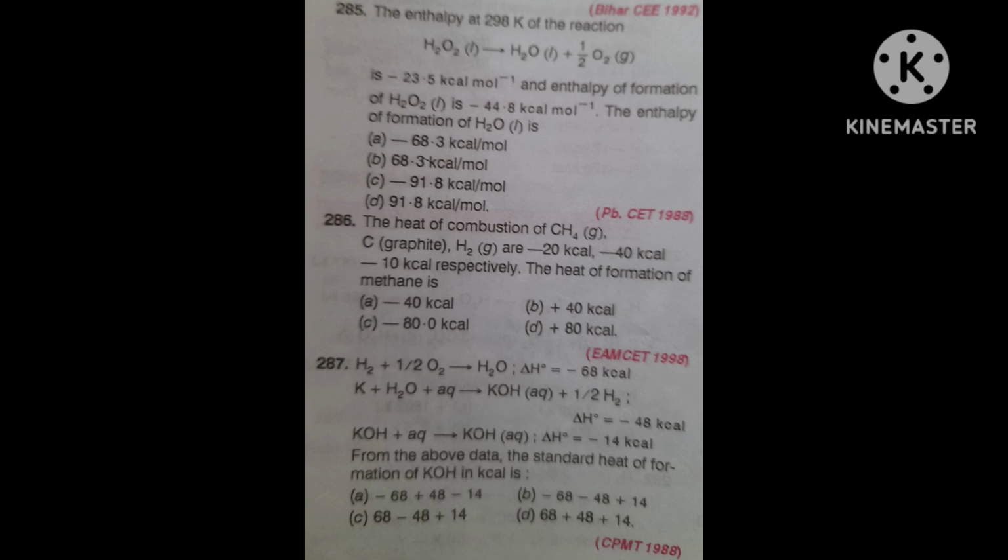To get this CH4 from C plus 2H2, you have used these 3 equations. After putting the values, equation second plus 2 into equation third minus equation 1, you will get the desired equation. After solving and keeping all these values, you will get minus 40 kilocalorie. Okay.